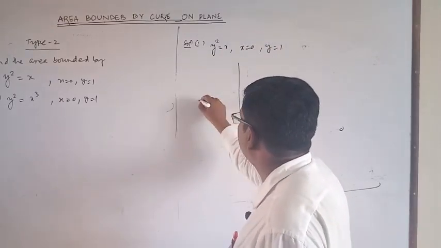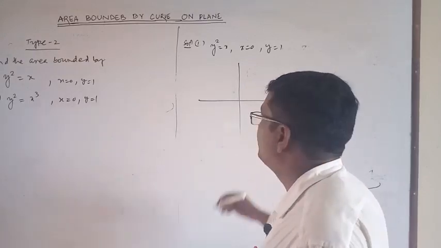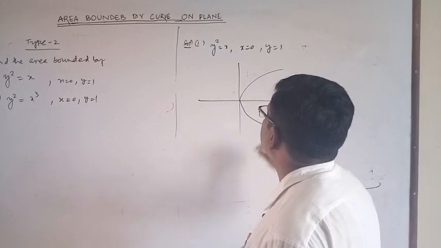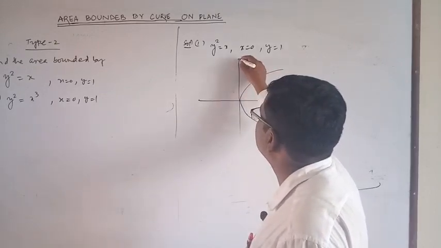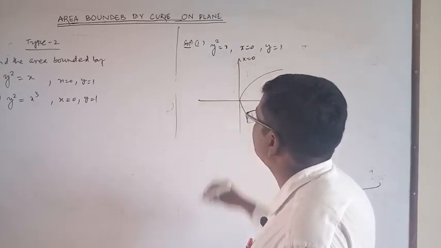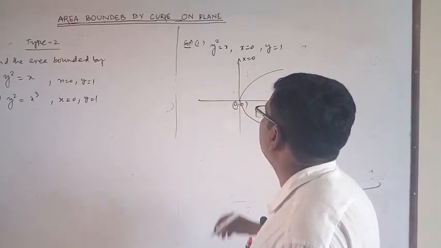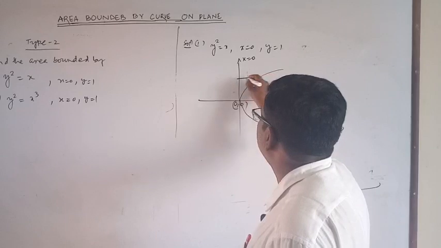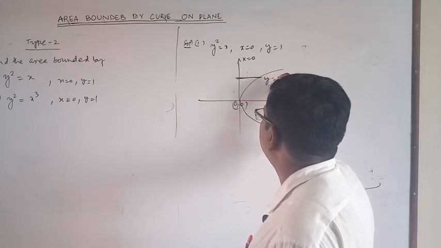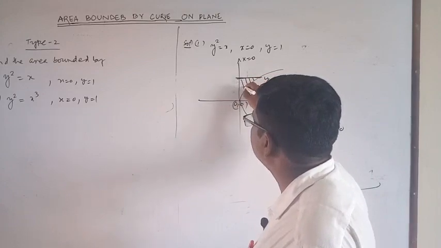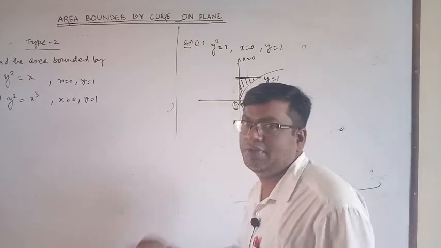The graph is opening to the right side. x is equal to 0 means this is x is equal to 0, and this is origin 0, 0. y equal to 1, this is y is equal to 1. And the required region is this. We have to find the area of this region.